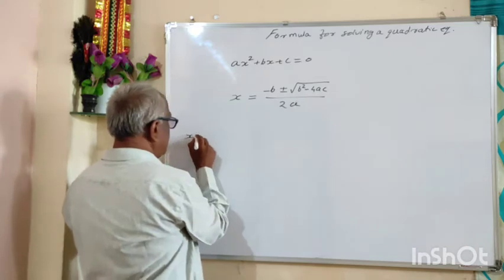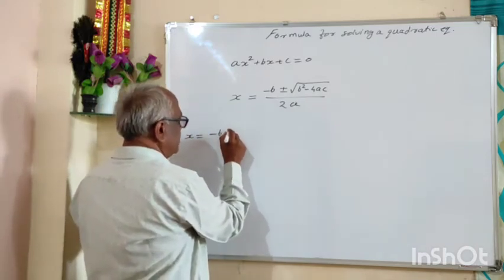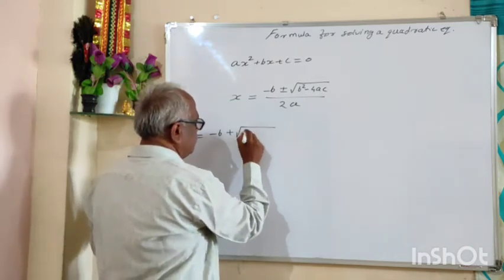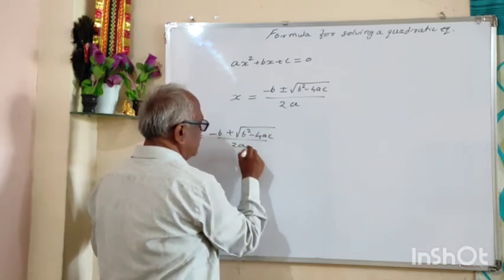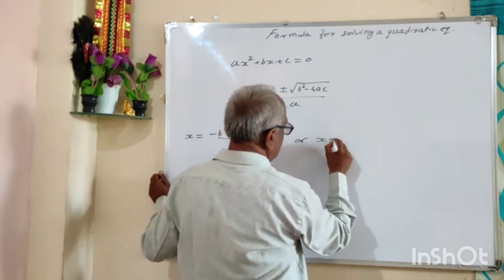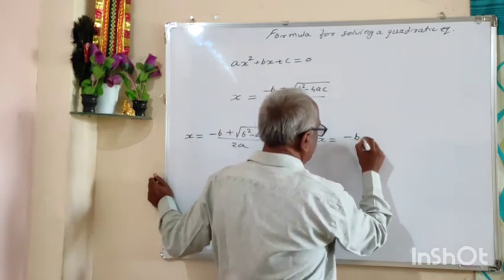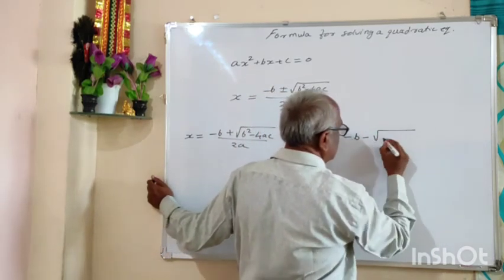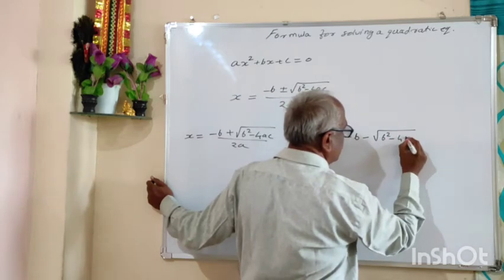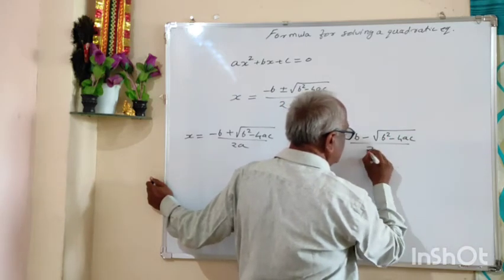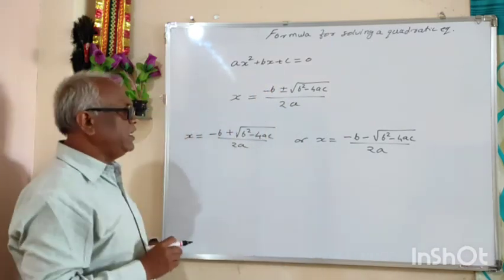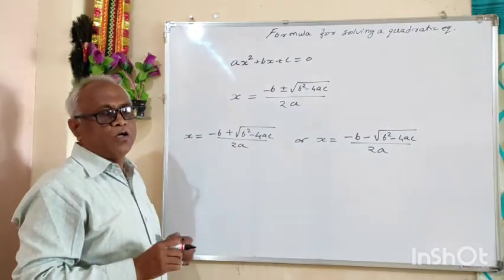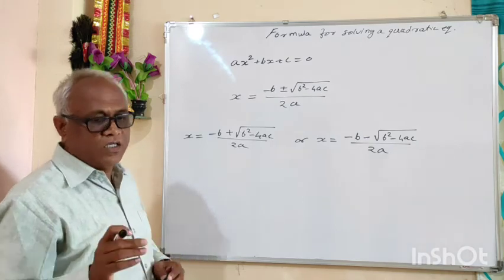That means x is equal to minus b plus under root b square minus 4ac upon 2a, or x is equal to minus b minus under root b square minus 4ac upon 2a. By putting the values of a, b and c, we will get the roots of the given equation.